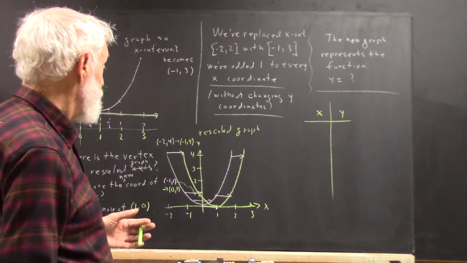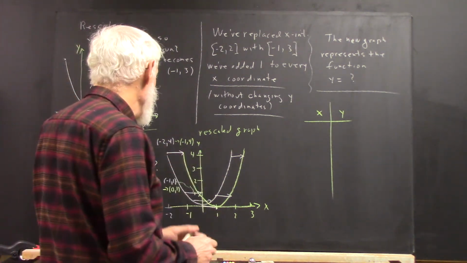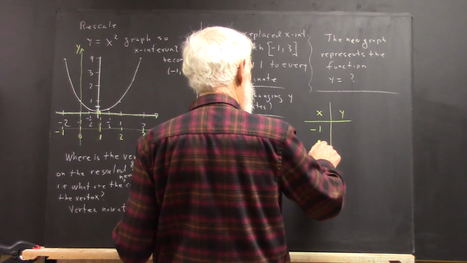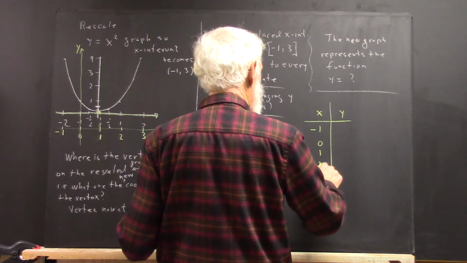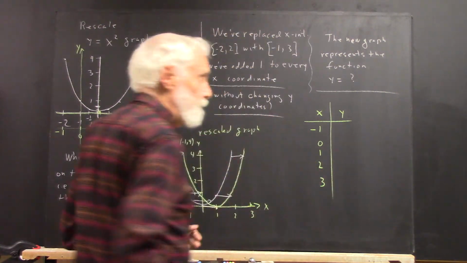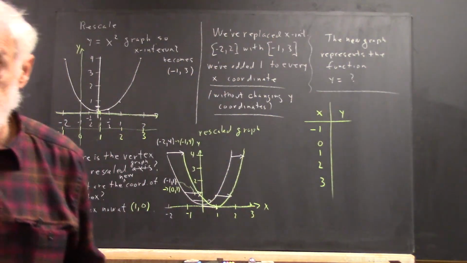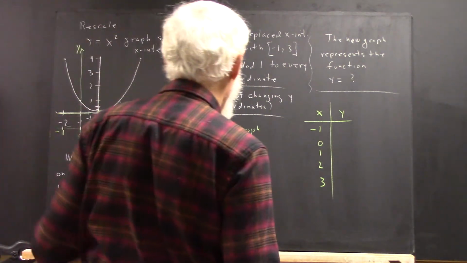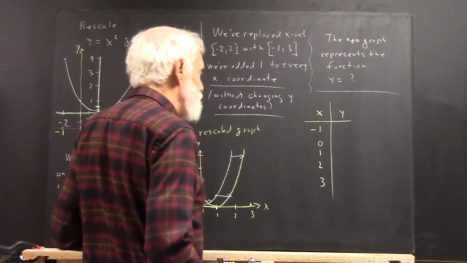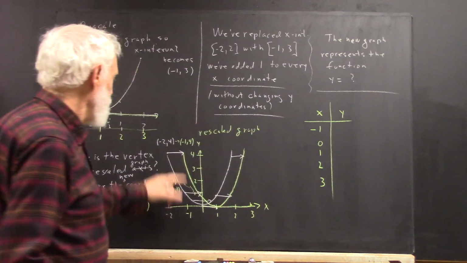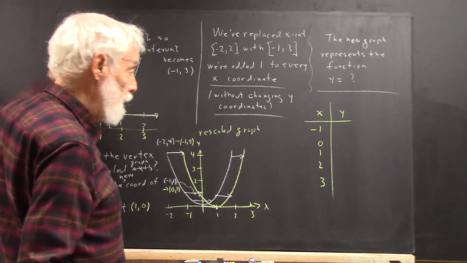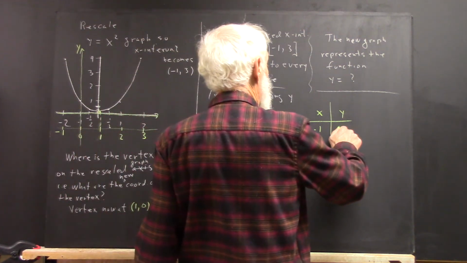So when I ask, when x equals -1, well, see, our x value is going to be -1, 0, 1, 2, 3. Okay? Our y values, the x equals -1 point came from the x equals -2 point of the original graph, which had y coordinate 4.